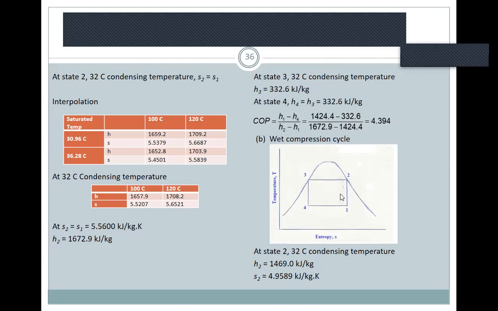So COP is equal to H1 minus H4 over H2 minus H1 is equal to 1424.4 minus 332.6 over 1672.9 minus 1424.4 is 4.394. So yung significant figures with 4.4, okay, kasi 39 na to, di ba? Okay. So dito sa entropy, kung ano na sa table, yun ang ilagay nyo.